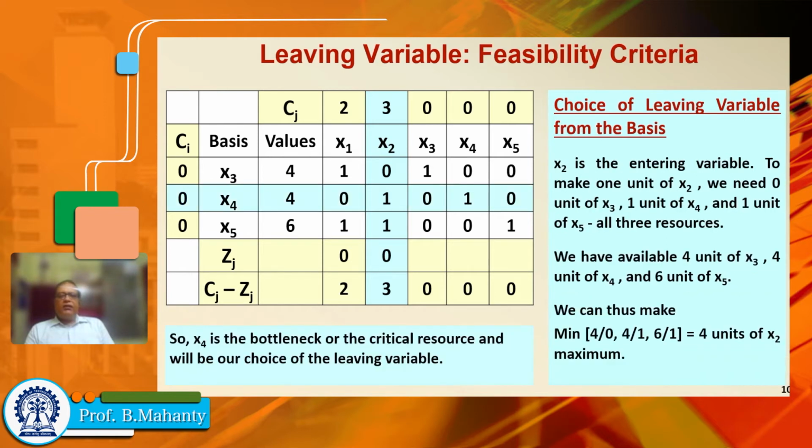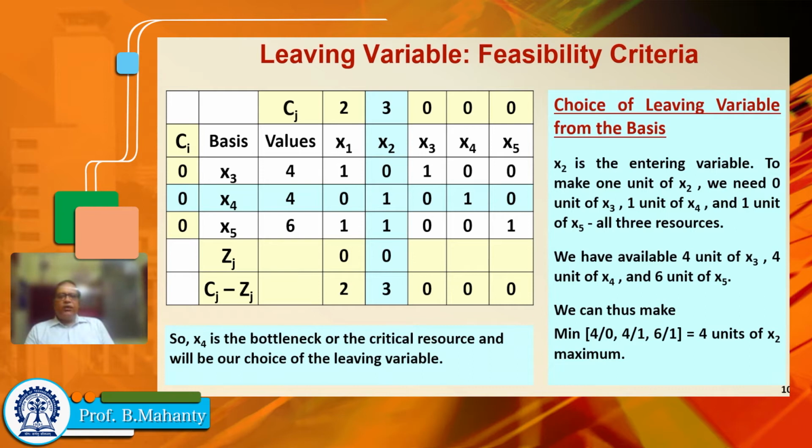So this is the consideration that should actually be taken, and you don't have to worry about 4 divided by 0 is how much and all that. You have to understand how much is required and whether a certain resource is the bottleneck resource or not. So this is exactly what is written here. x4 is the bottleneck or the critical resource and will be our choice of the leaving variable from the basis. So x2 is the entering variable. To make 1 unit of x2, we need 0 unit of x3, 1 unit of x4 and 1 unit of x5, all 3 resources.